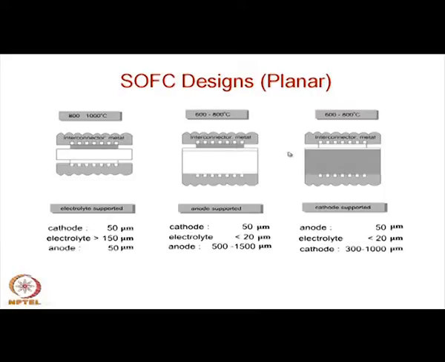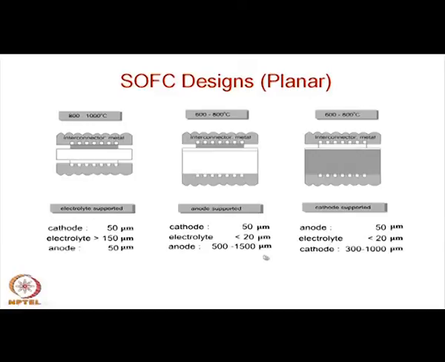Here it is cathode supported, just the reverse of that. The thicker area is cathode, once again a very thin layer is the electrolyte, and on top of that the anode is there.